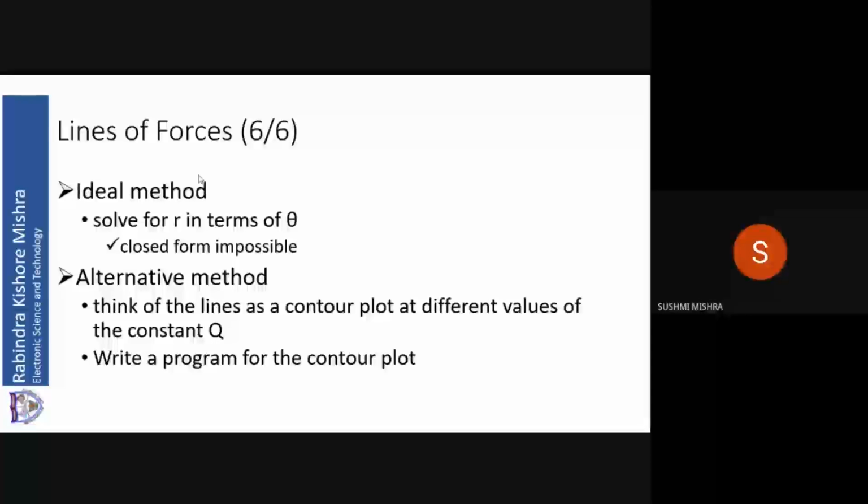So we'll write a program for the contour plot. If we write a program, we will get a graph. That graph will give me the lines of forces. Now for that graph, I will take x and z distances in terms of lambda, so whatever the distance is, I will divide it by lambda.